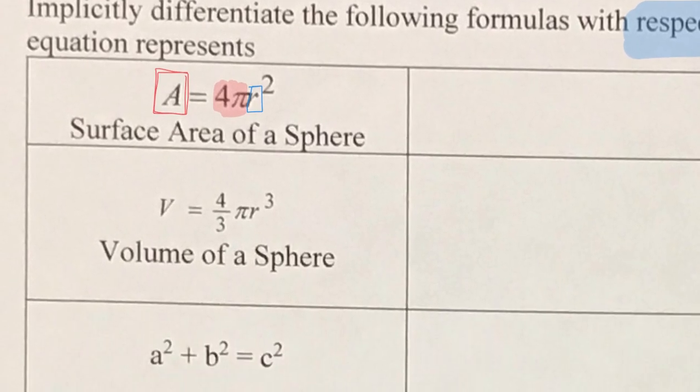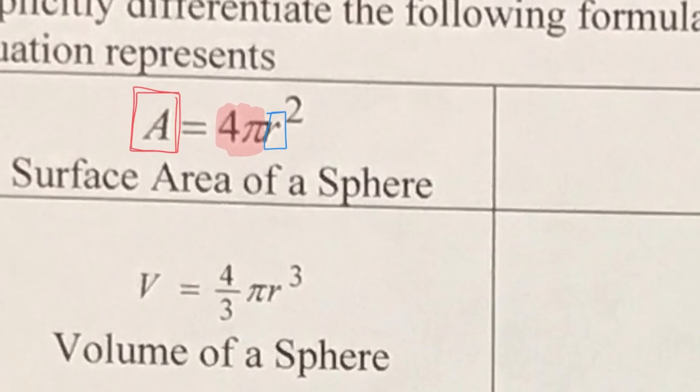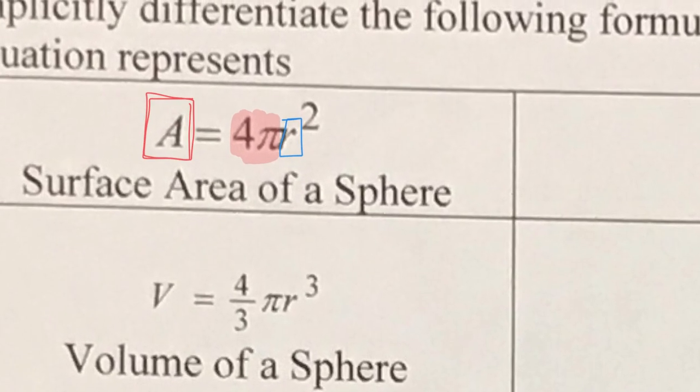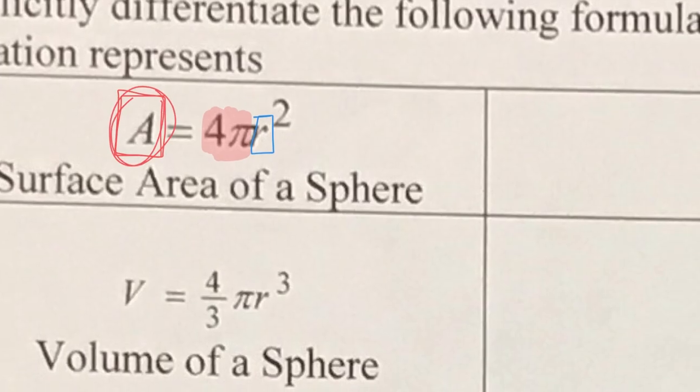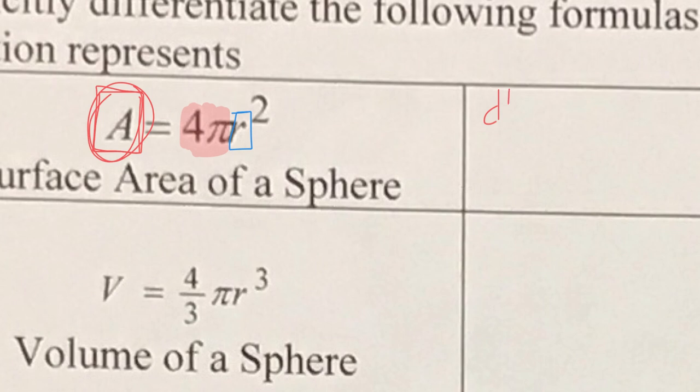Okay, so let's start on the left. The derivative of area with respect to time is dA dt. Anytime we have a variable, you're going to take the derivative with respect to time. And if it's just a single variable with no number in front, then it's just d, that variable, dt.